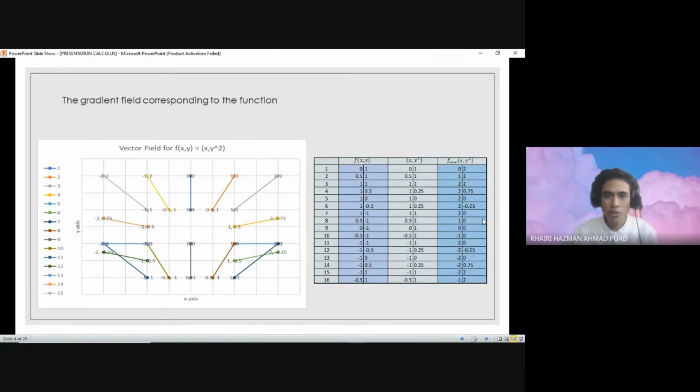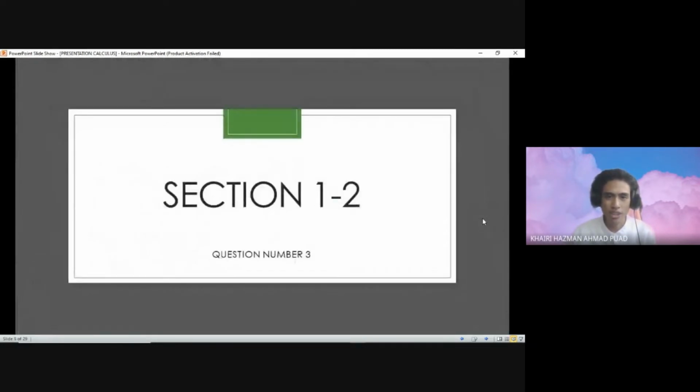After that we get the destination of our point, which is f of x and y squared. So I pass the next slide to Farah Izzati.